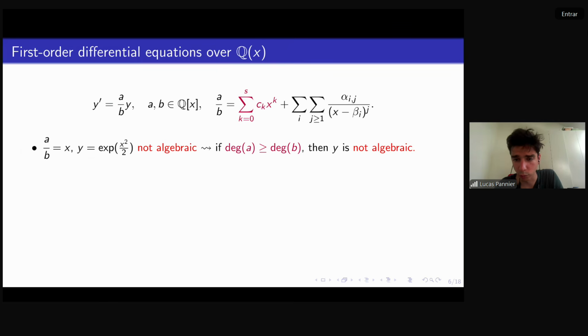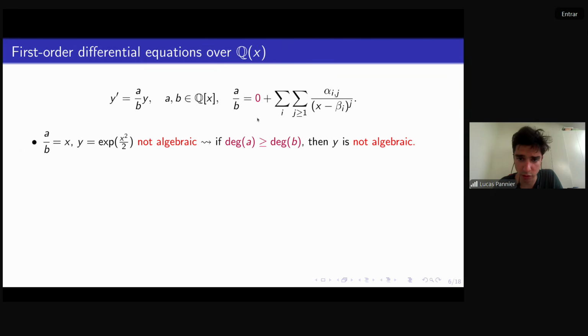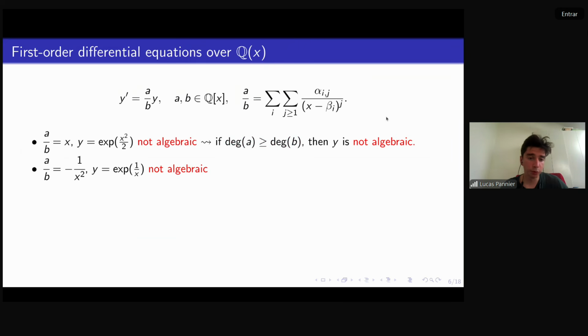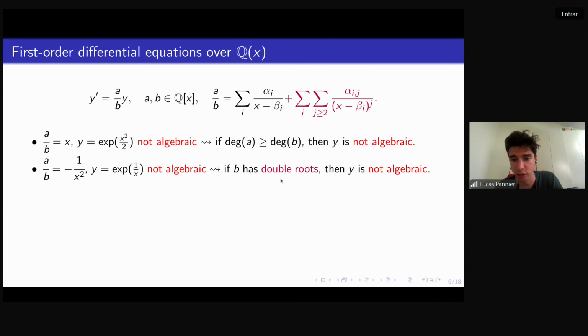So we can reduce it to 0 and consider only a over b to be a sum of some polar part. We can do the same kind of computations with a over b equal to minus 1 over x squared, for instance, and we obtain a solution which is a rational function and is again not algebraic. More generally, if b has a double root, then y is not algebraic. So we can consider that a over b will only have first order poles.